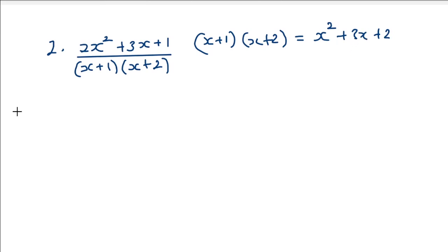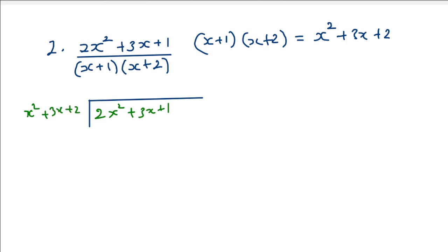This is our divisor. So by long division, we have our root, and then we have the 2x squared plus 3x plus 1 inside. Then outside we have the x squared plus 3x plus 2.